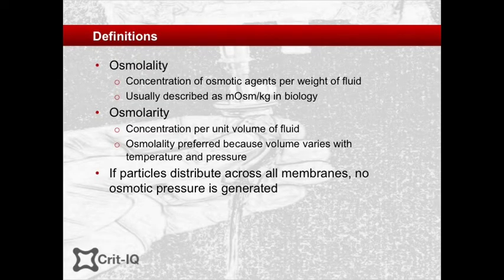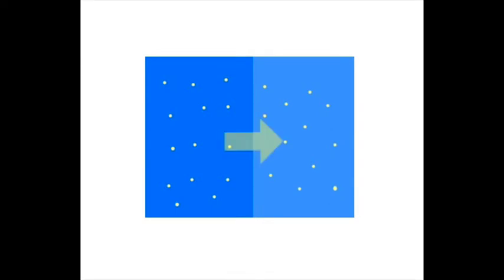Osmotically active particles may or may not be able to pass across a semi-permeable membrane. If they can, then they do not have the ability to generate an osmotic pressure, as the particles equilibrate in the available fluid space. Tonicity is a related and important property of fluids.